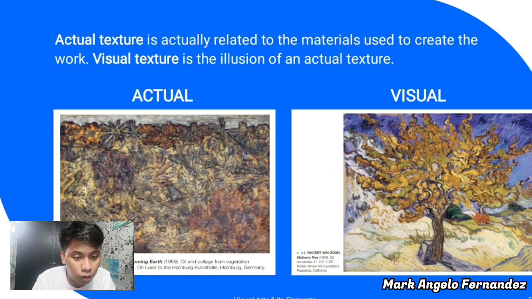Sabi dito, actual texture is related to the materials used to create the work. Visual texture is the illusion of an actual texture. Yun na nga. Parang yung sinabi ko kanina, yung actual texture is nahahawakan mo talaga mismo. Kung kinerve siya sa kahoy, mahahawakan mo siya na rough ito.